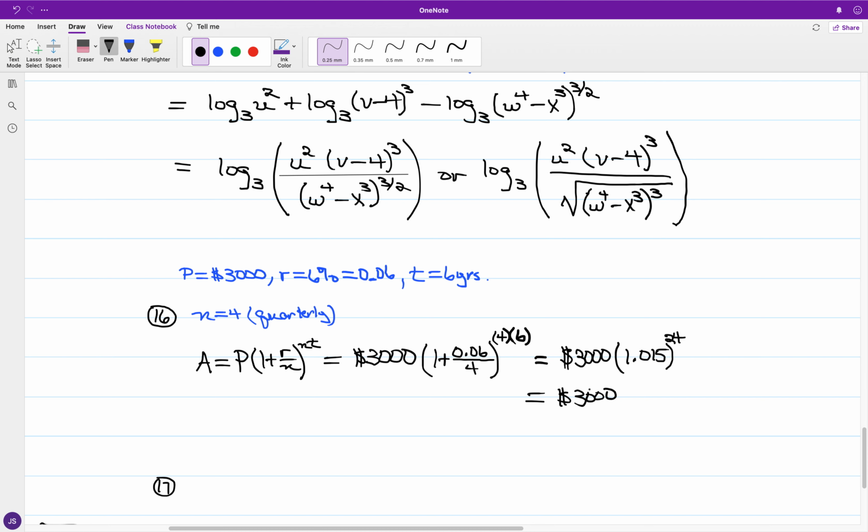For 1.015 to the 24th, among the first digits you have 1.4295. Multiplying by $3,000 and putting it in terms of dollars and cents, we have about $4,288.51. And again, that's after 6 years of quarterly compounding.